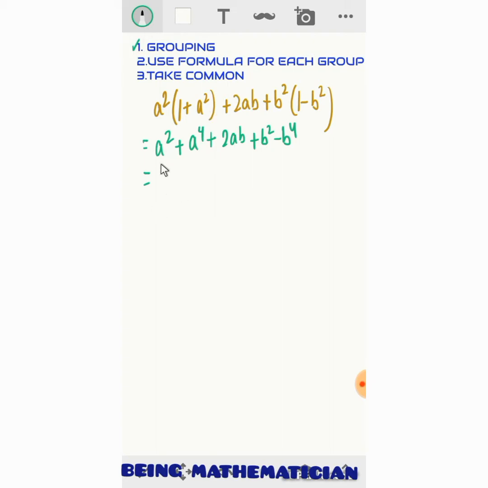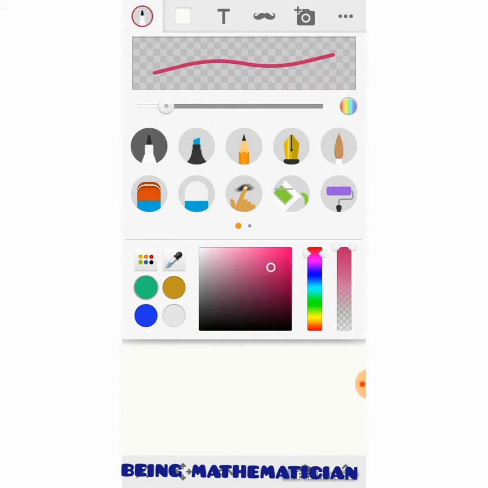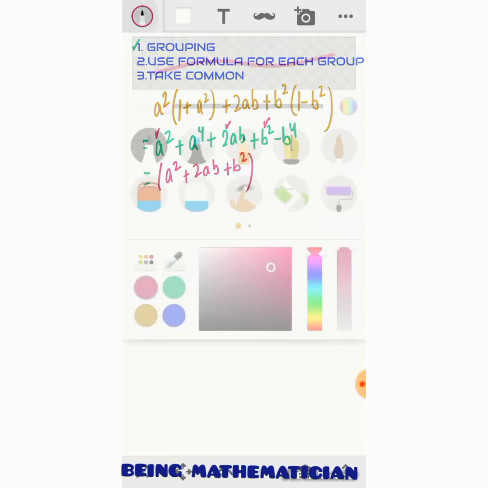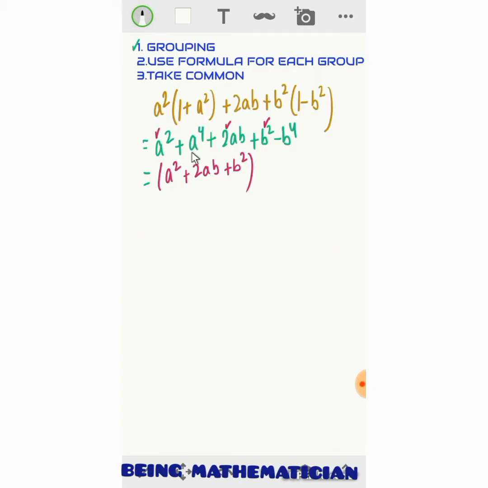So we can group this term and this term, that is a square plus 2ab plus b square. And now we group this term and this term, so plus a to the power 4 minus b to the power 4.